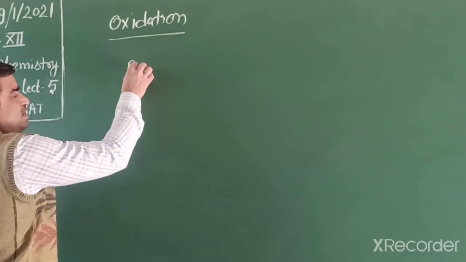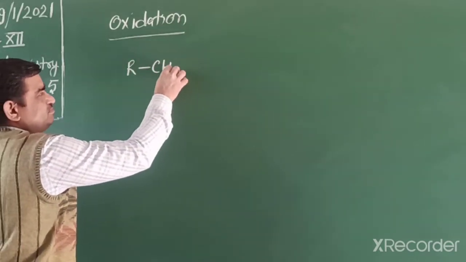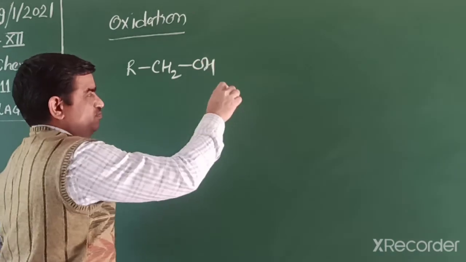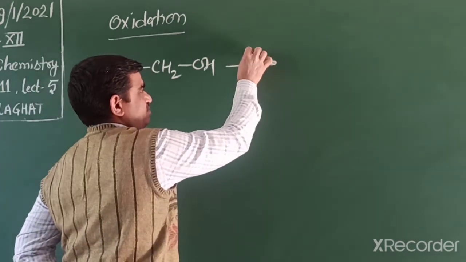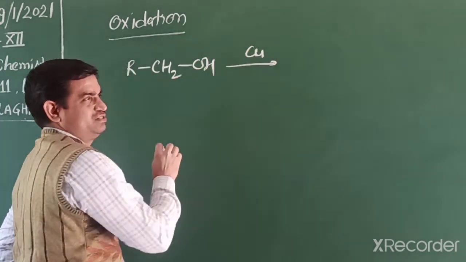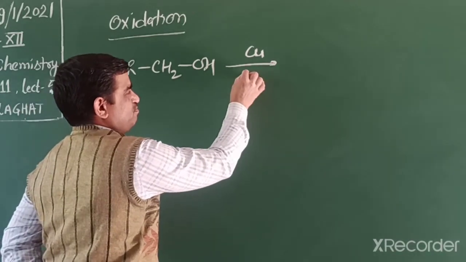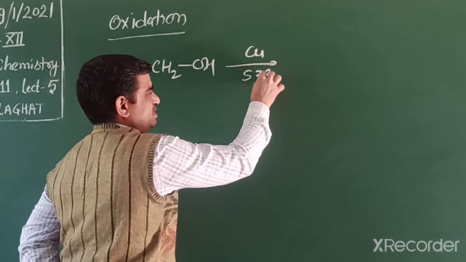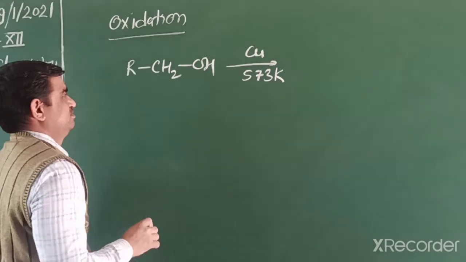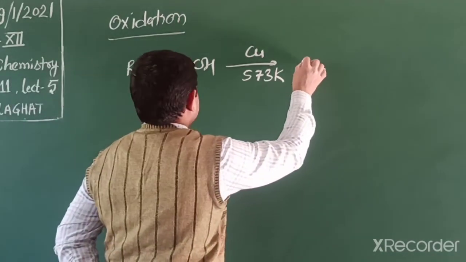Now primary alcohol, when passed as a gas over copper at 573 Kelvin temperature, we get aldehyde.